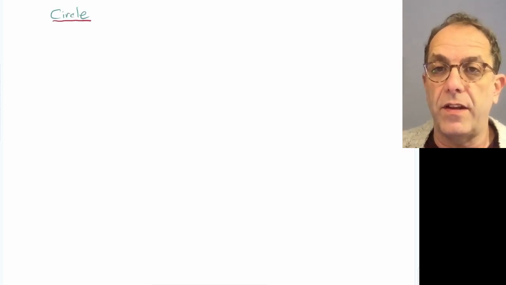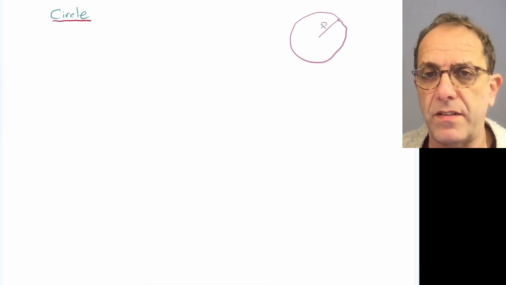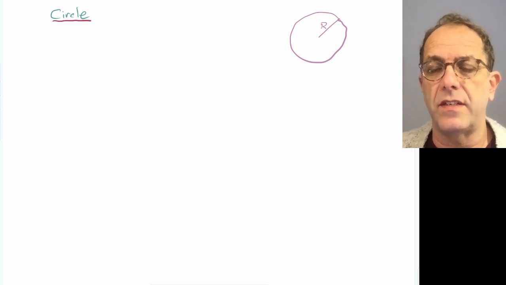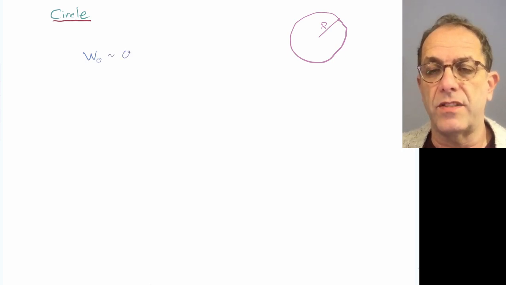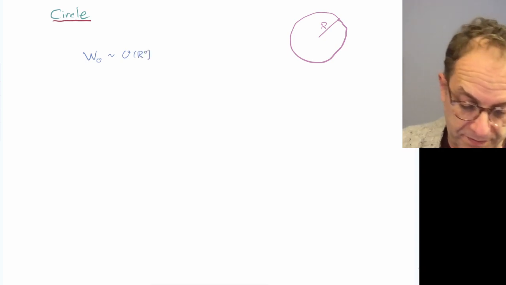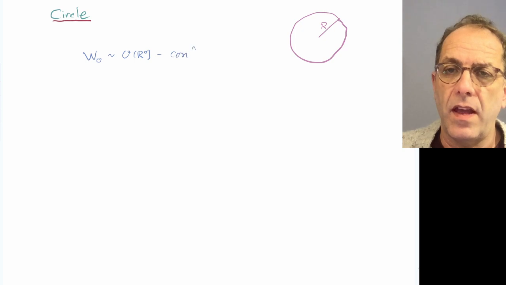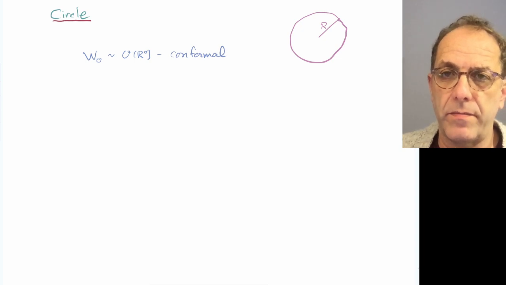Another case that we can look at is the circle, as we did before in electromagnetism. Normally it's not done, but there really isn't a good reason not to do it. If you work on the lattice, it's easier to do a rectangle, but if you do things analytically, you might as well use a circle, and you can get the same amount of information out of it. If it does not depend on the radius, then it is conformal, as in Maxwell theory.